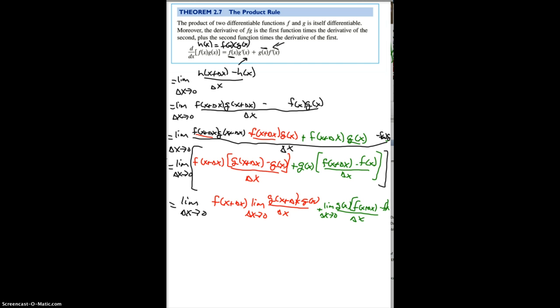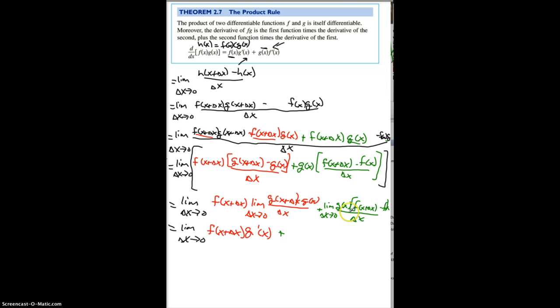What does this first one become? This becomes the limit as delta x goes to 0 of, well, this is just f of x plus delta x. But what does this term right here become? This is just g prime of x. And what does this one right here become?